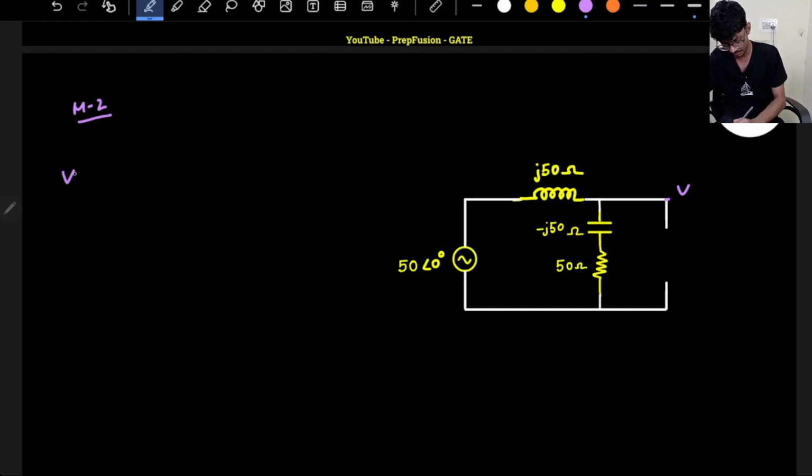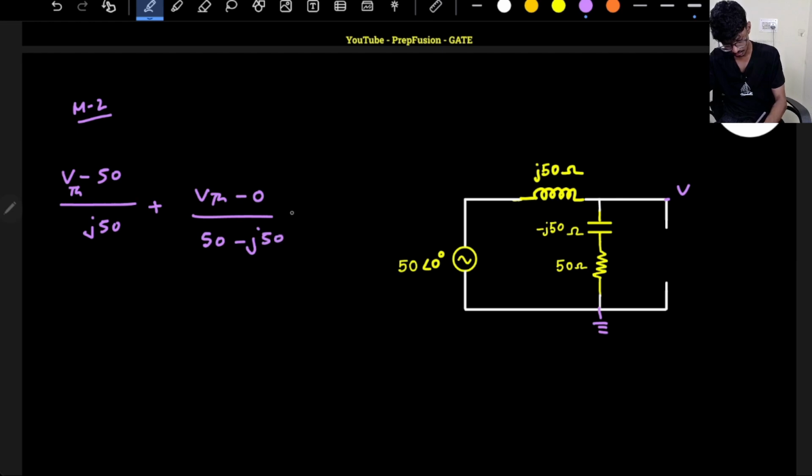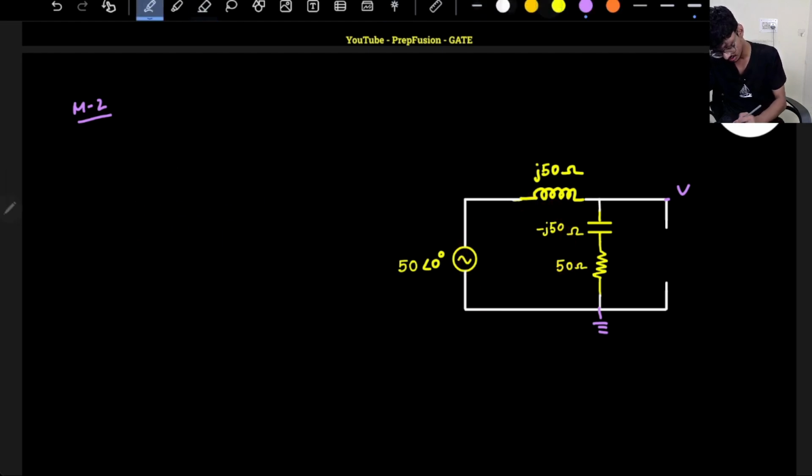So this will be VTH minus 50 by j50 plus VTH minus 0, this is ground, divided by 50 minus j50 equals 0, because this is open circuit. Or actually I don't even need to do this. This is simply a voltage division, okay, simple voltage division is happening.